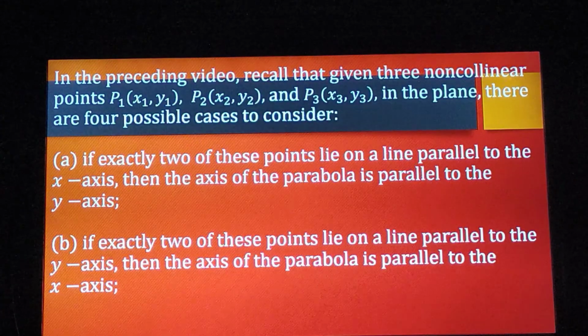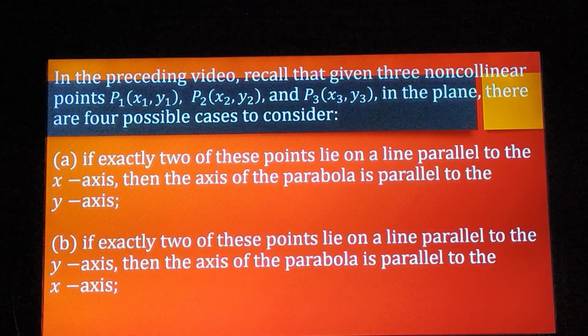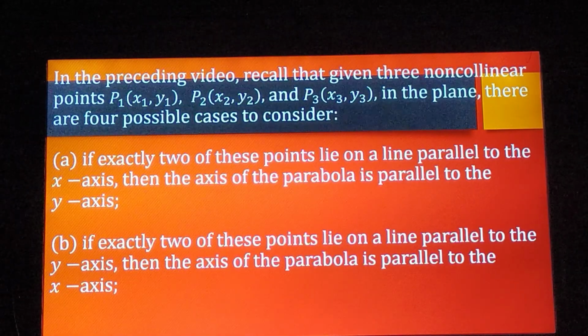This has already been mentioned in the preceding video, but I would like to mention these cases again. There are 4 cases. Recall that given 3 non-collinear points, P1, P2, and P3 in the plane, there are 4 possible cases to consider.